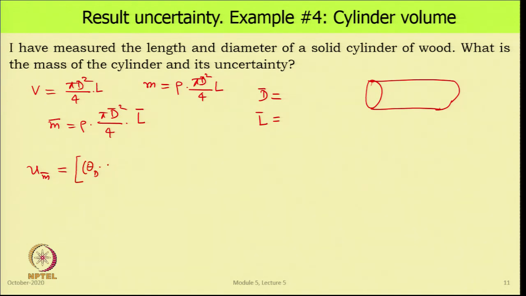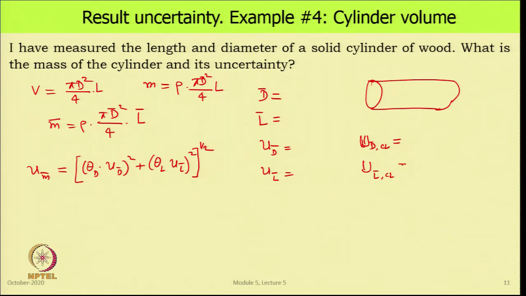theta d u d bar square plus theta L u L bar square, all of this raised to the power half. So, we need to have u d bar, which can be obtained from capital U d bar at some confidence level, which is what will be quoted, and we also need the standard uncertainty in the length, which we can get from the expanded uncertainty in the length at a certain confidence level.